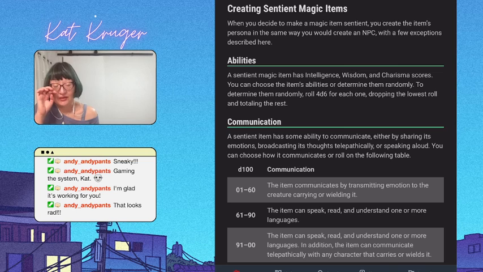All right, so I think this is going to be really cool. When you decide to make a magic item sentient, you create the item's persona in the same way you would create an NPC, with few exceptions described here. So this magic item has intelligence, wisdom, and charisma scores, and it has modes of communication, possibly.